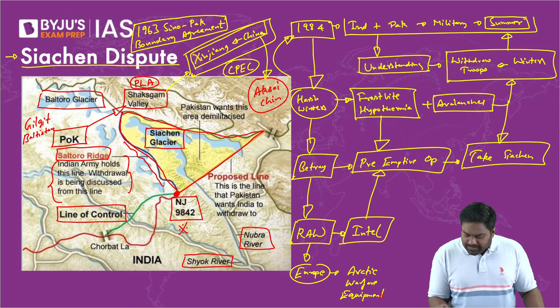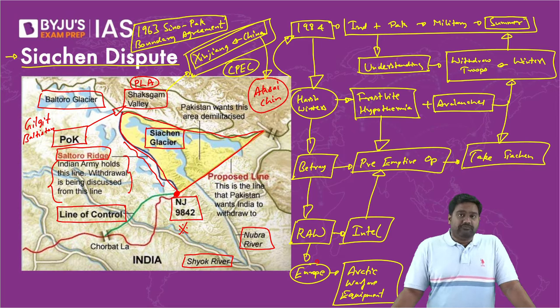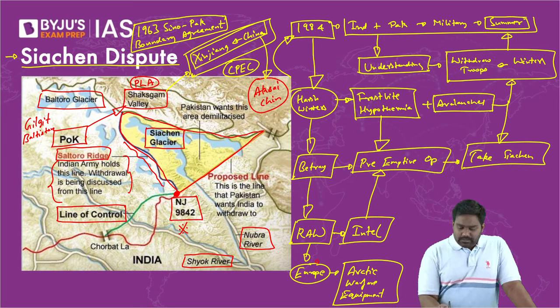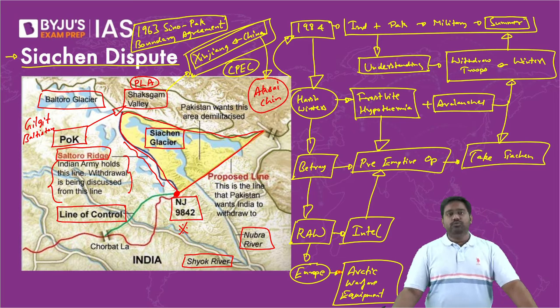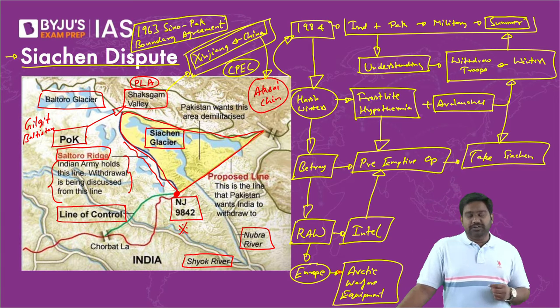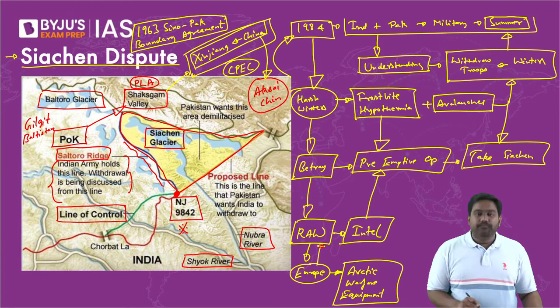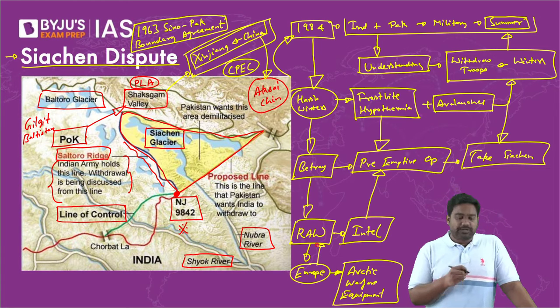The Pakistani army had placed a very big order. Specialized weapons and specialized clothing gear were ordered, which would basically be used by the troops to set up camp in such inhospitable conditions. So, this intelligence that India received in Europe was the critical aspect of the Siachen issue.